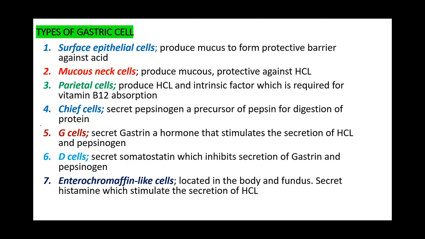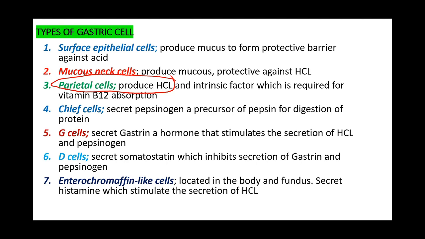The parietal cells, as we talked about, produce HCl and intrinsic factor, which is required for vitamin B12 absorption. So you should know that the parietal cells are the cells responsible for the acidic medium of the stomach by producing HCl. We'll see how this happens.